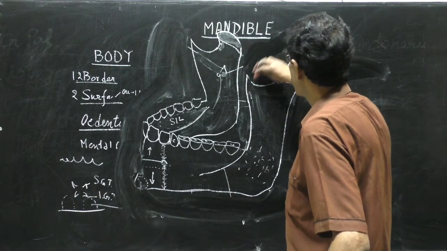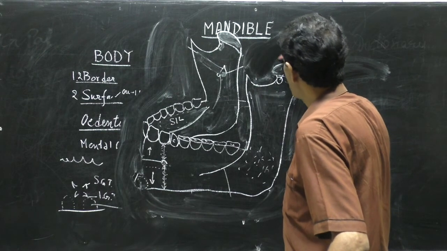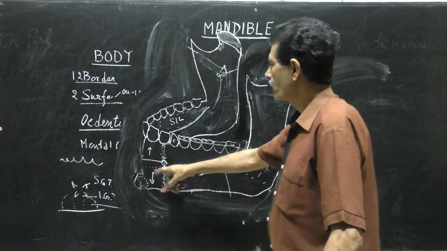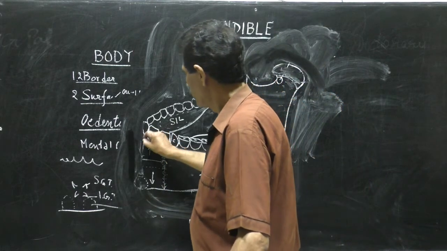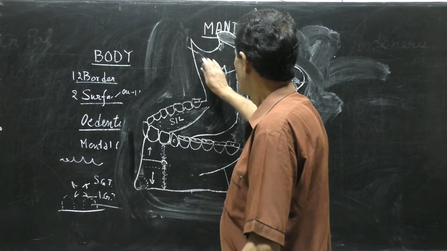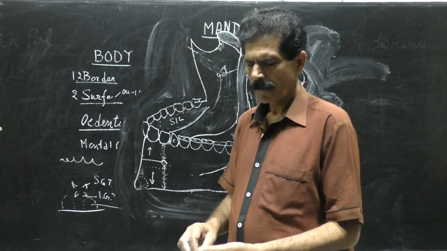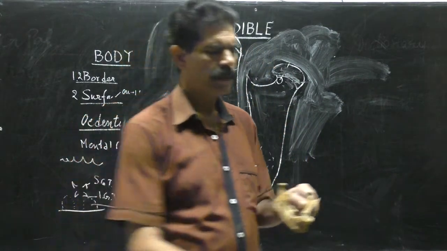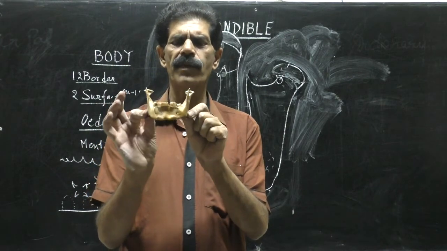So the mandible is a very important bone to comment about male and female, as well as the age. The sex of the mandible is identified by seeing the angle of the mandible.